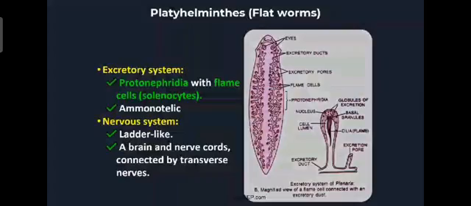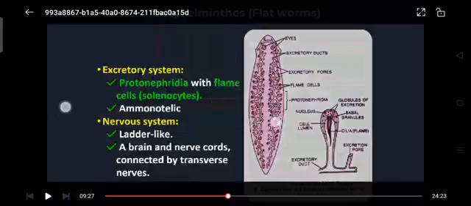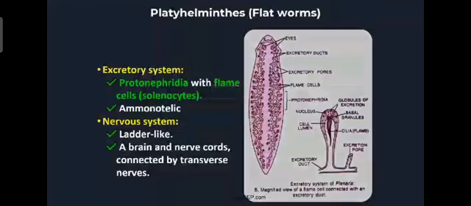Then the excretory system. Here an important one: protonephridia. You have to remember this name, protonephridia, with flame cells. Here in the diagram, this is of planaria. In the planaria, these are protonephridia, and those small ones are called flame cells.